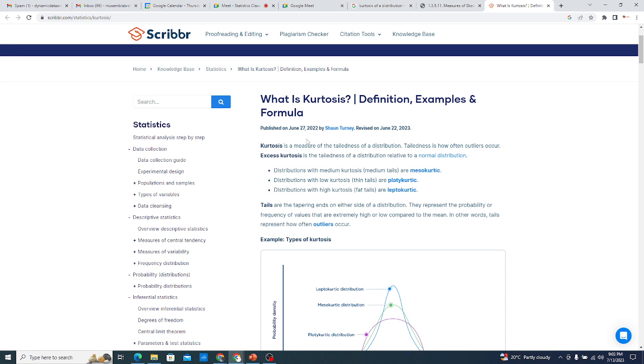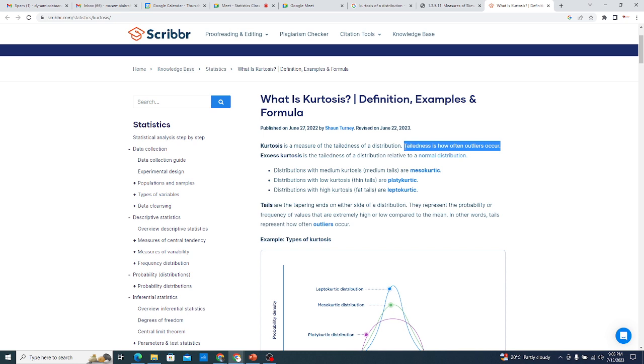So kurtosis, we've said, is a measure of the tailedness of a distribution. The tailedness is how often outliers occur. When we are talking about tails, the thickness and the thinness of a tail, it's like we are discussing the outliers we are having in that data.